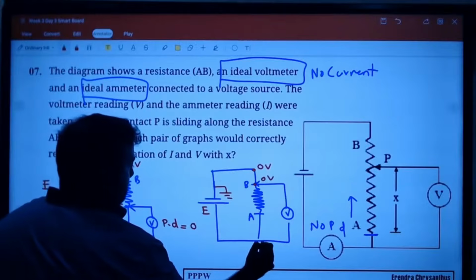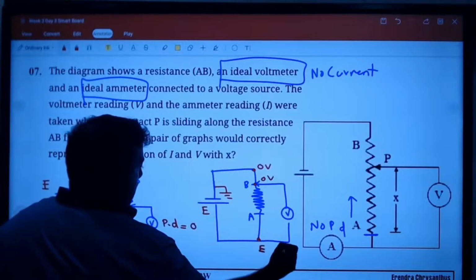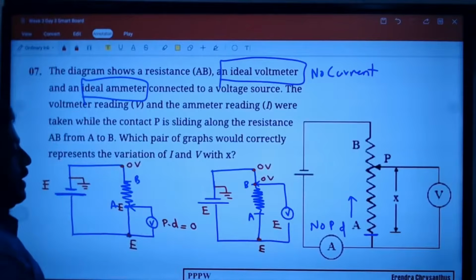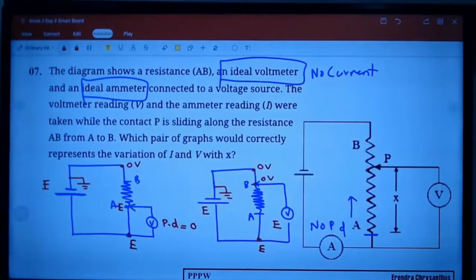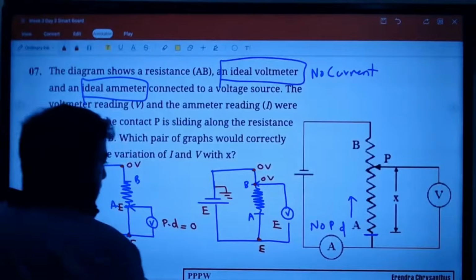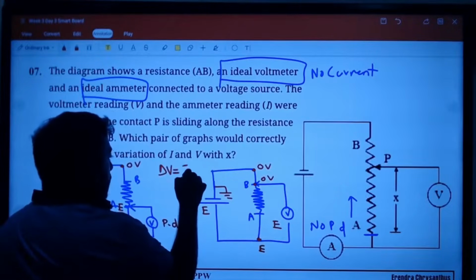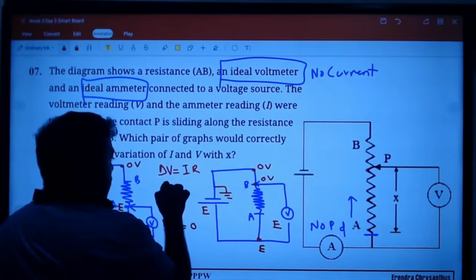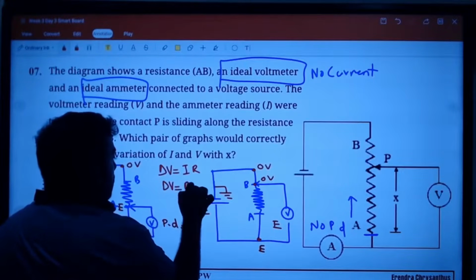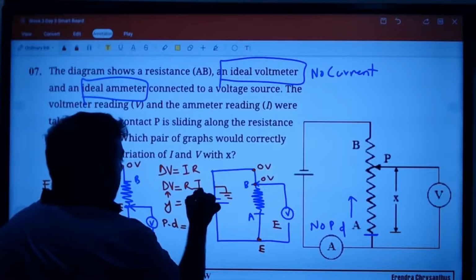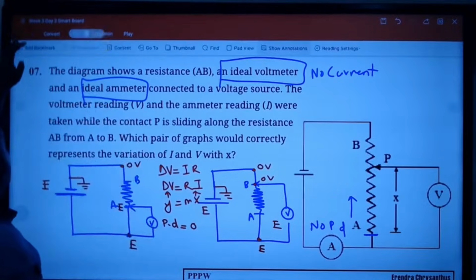Here E means this part is E. So E and 0 means potential difference is E. So across the resistor the voltage will vary. V is equal to IR, so voltage varies like a straight line, Y is equal to mx form. Don't worry.